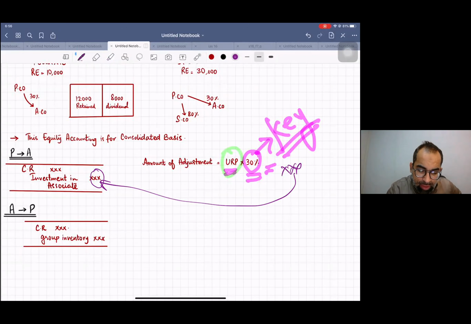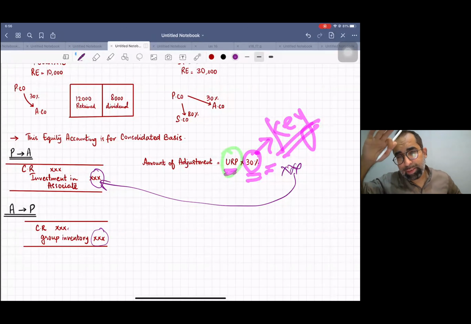And when it is A to P sale, then we do CR and group inventory, because now the URP is included in parent company's inventory, and we can adjust parent company's inventory easily because we are the parent company. Okay. So these are the entries, but this is the key.